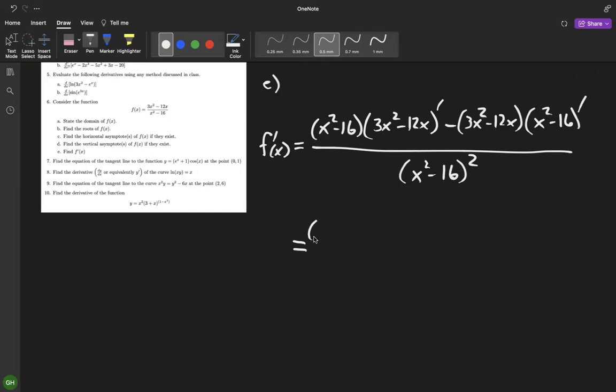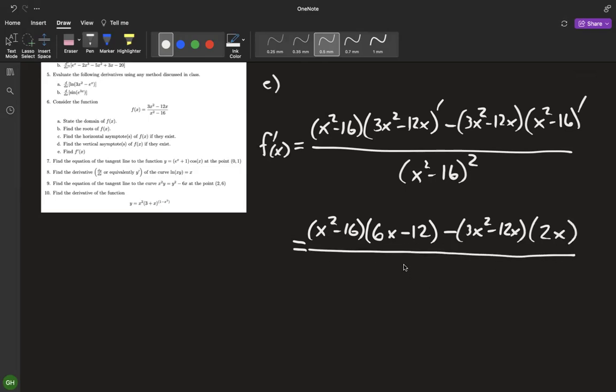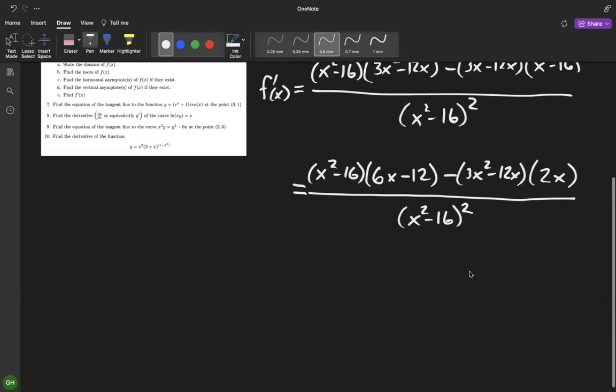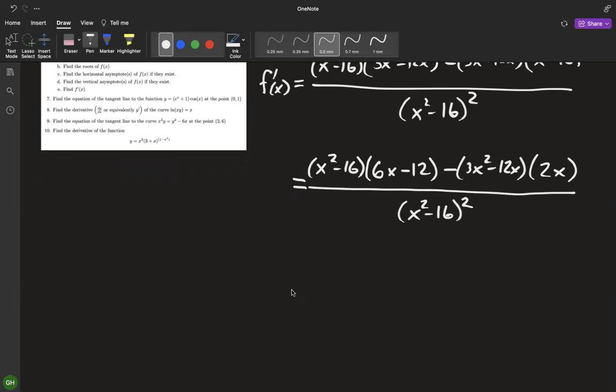So it's going to be x squared minus 16 times the derivative here is 6x minus 12 minus, let's see here, we get 3x squared minus 12x times 2x. And let's at least collapse all these parentheses on top.